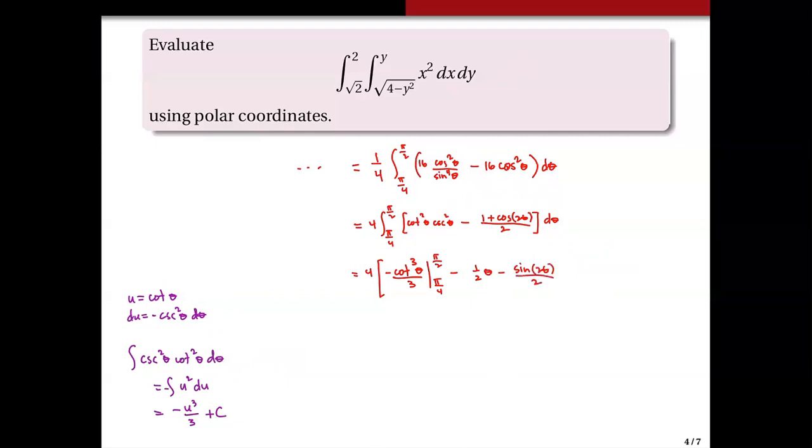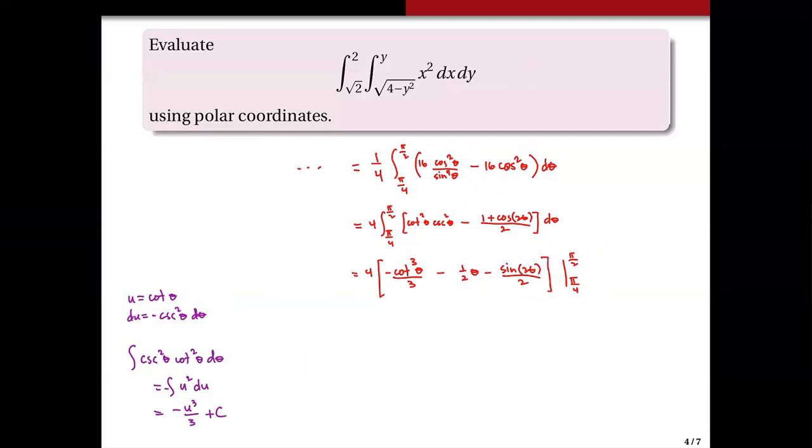And then again, everything is evaluated from pi over 4 to pi over 2. So I'll just move this guy here to the outermost, while for this guy here, just move it to the left.